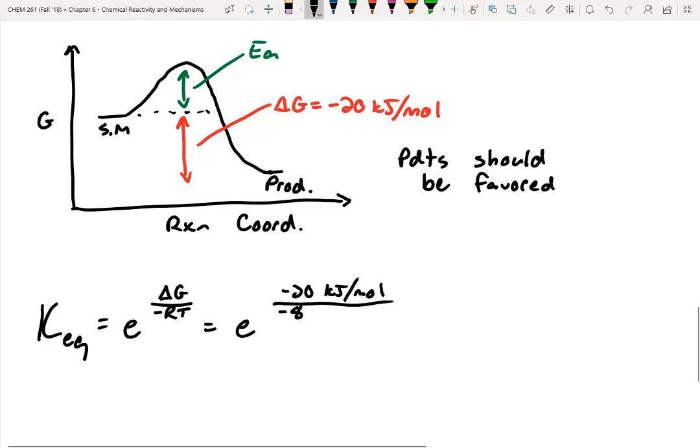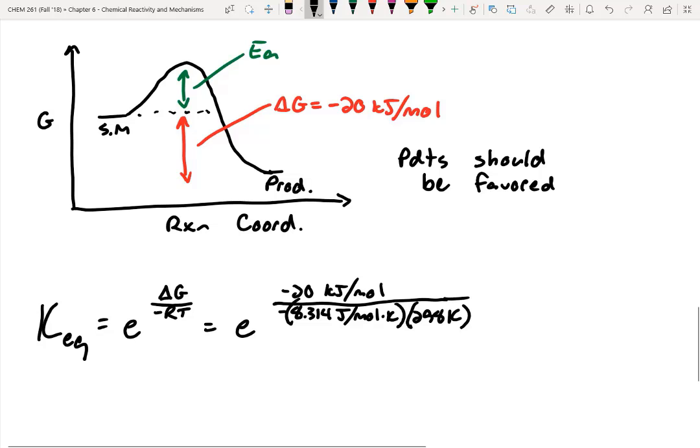Or sorry, it's 8.314, but there's a negative there. Joules per mole Kelvin. All right, and then the temperature, let's just assume room temperature, so 298 K.